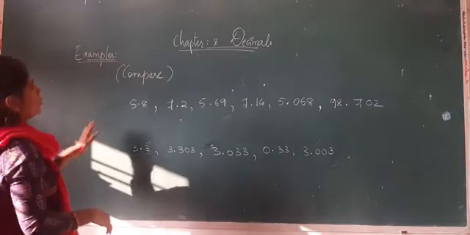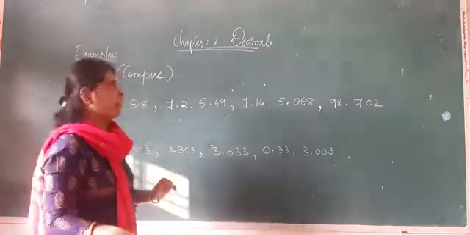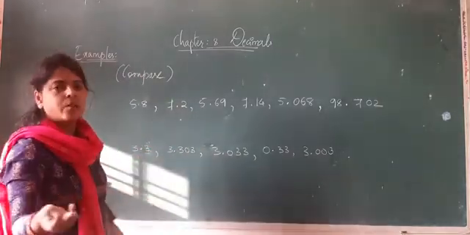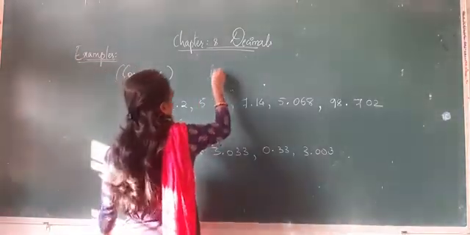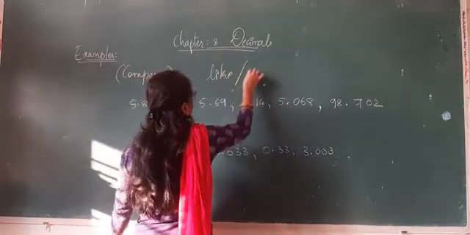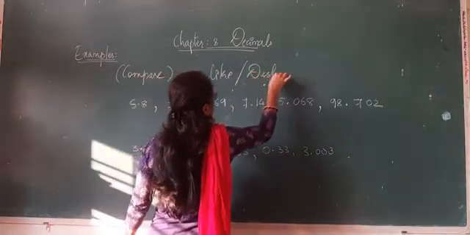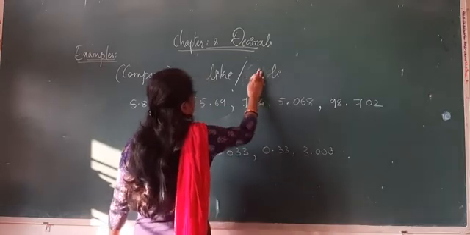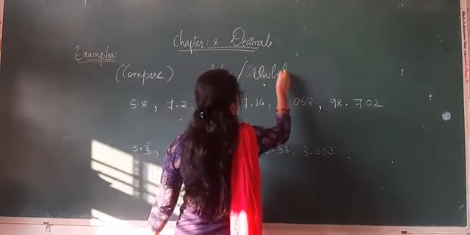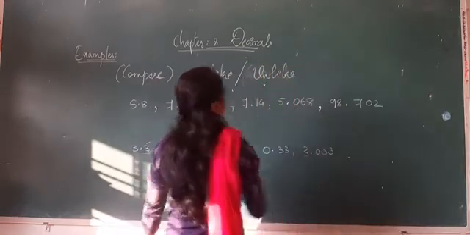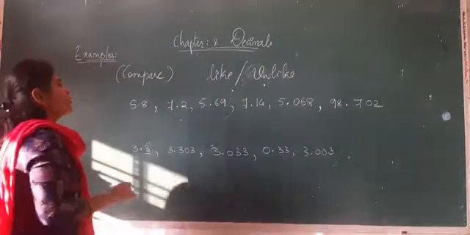So next we have to compare the decimals here. After comparing the decimals, we have to separate them as like and unlike. Okay, like and unlike. So first we will see the like.